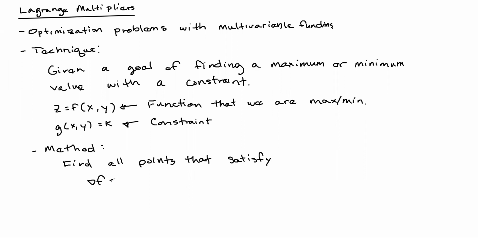We have gradient of f equals lambda gradient of g, and g of x y equals k. Okay, so you're going to find all the points that satisfy this. That's step 1. And then step 2, you are going to evaluate the points from step 1 in the function f, and the biggest is going to be the maximum value subject to the constraint, and the smallest will be the minimum.